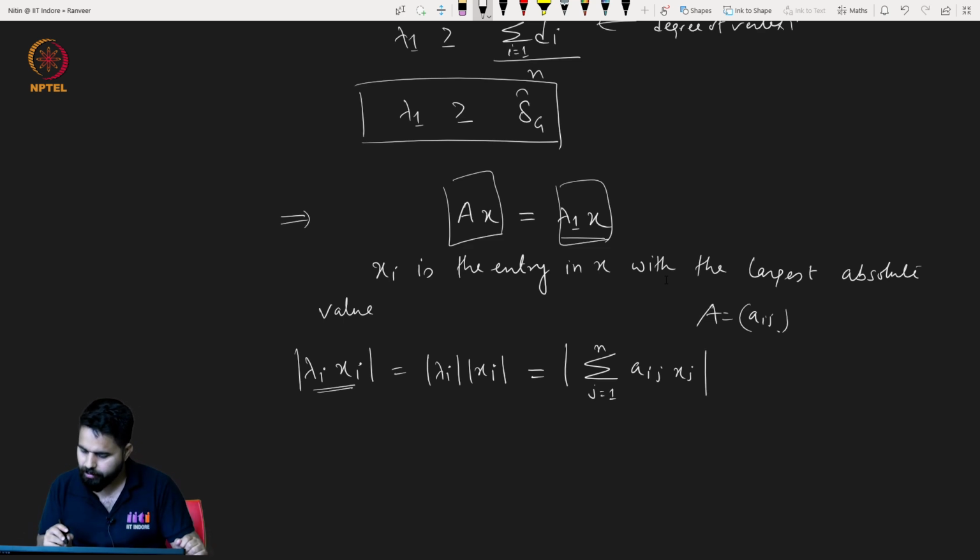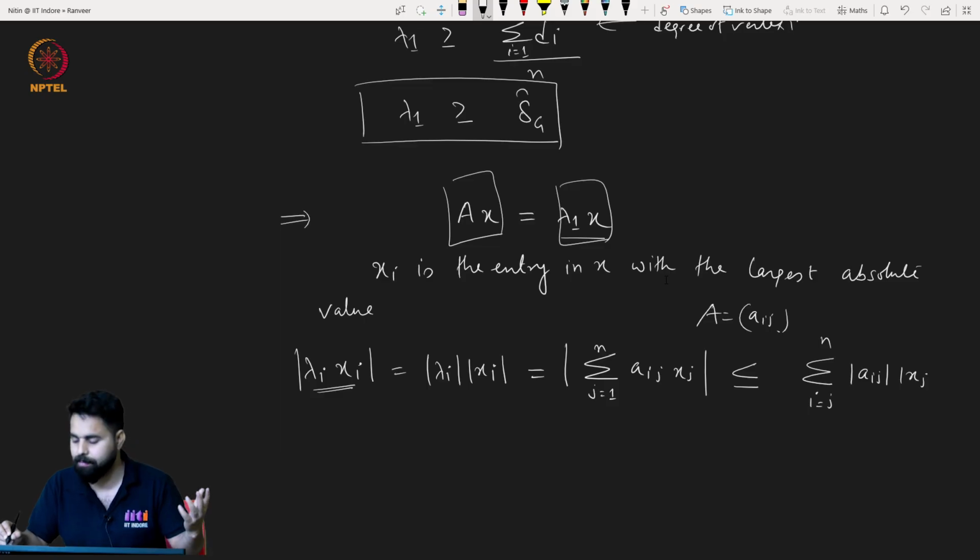Now this quantity, because the aij's are non-negative, if you break this in terms, I am taking all the aij's outside: summation over j equal to 1 to n of mod aij and then mod xj, because I am taking the sums.